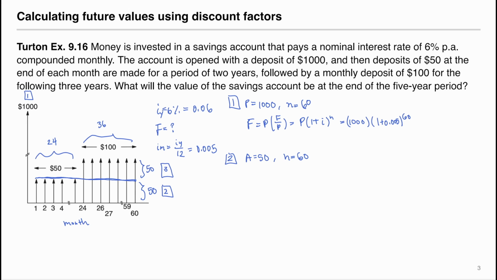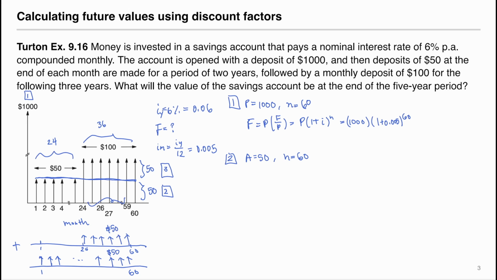So if I redraw the cash diagram to two parts, it will be constant 50 for 60 months, 1 to 60, plus an additional 1 to 60, and at 24 months, I have uniform cash transaction $50. And add them up, we have $50 in the initial 24 months and $100 in the final 36.